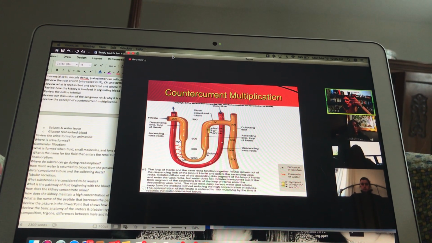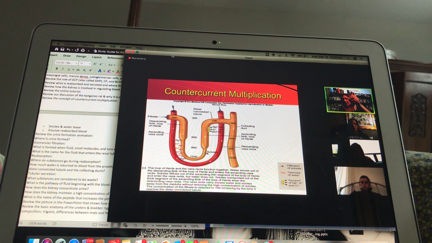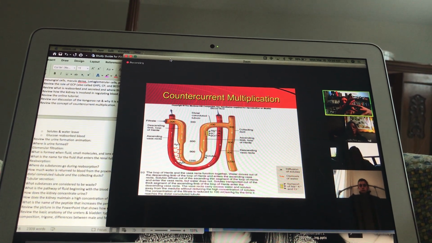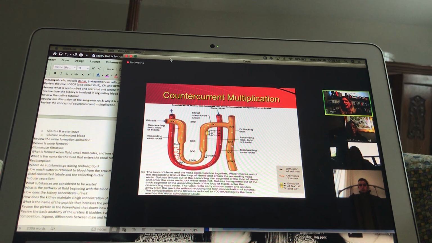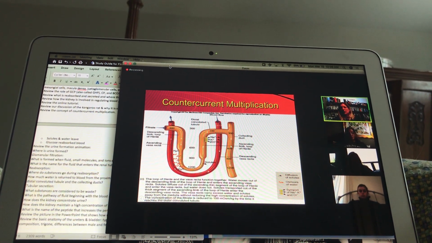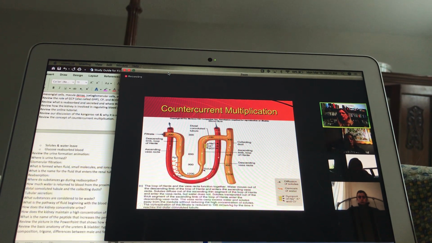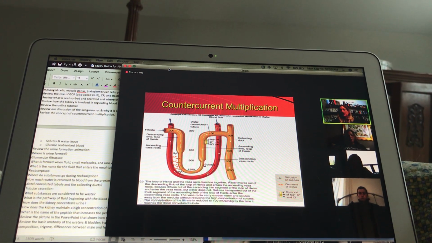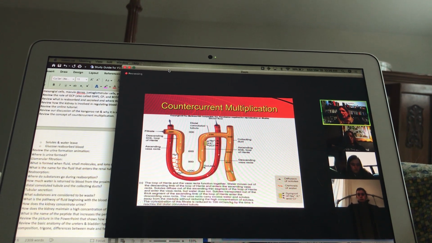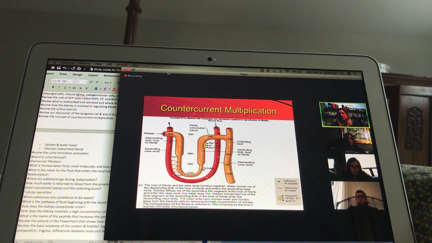Because remember, this whole thing is all crumpled up and wrapped around each other. So the collecting duct is in the same area as all these other things, and it'll be bathed by fluid of increasing concentration as it goes more deeply. And this will help you to form concentrated urine because of the surrounding fluid concentration.